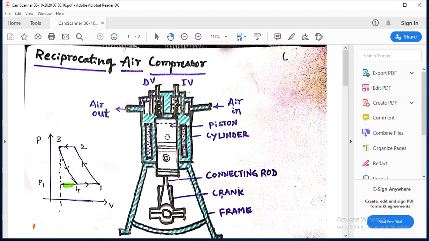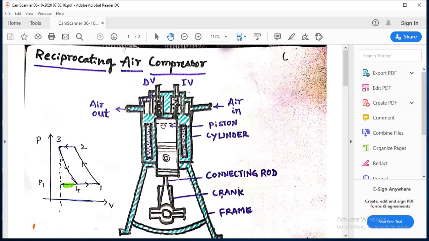Hence, the rise of pressure inside the cylinder will take place very rapidly. As soon as the pressure rise is more than the pressure of air outside, the delivery valve will be lifted. And the remaining movement of the piston will push the high pressure air to the receiver. The receiver is nothing but a place where the high pressure air is required.